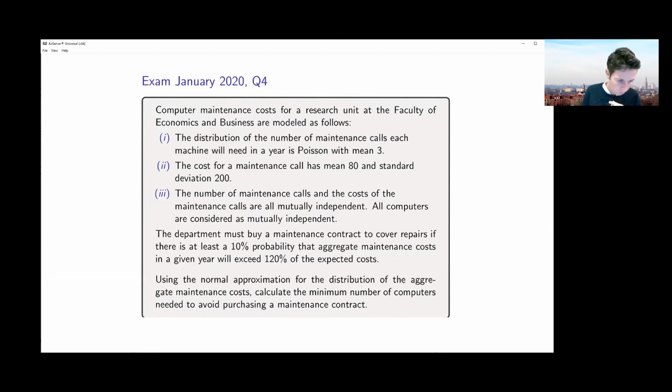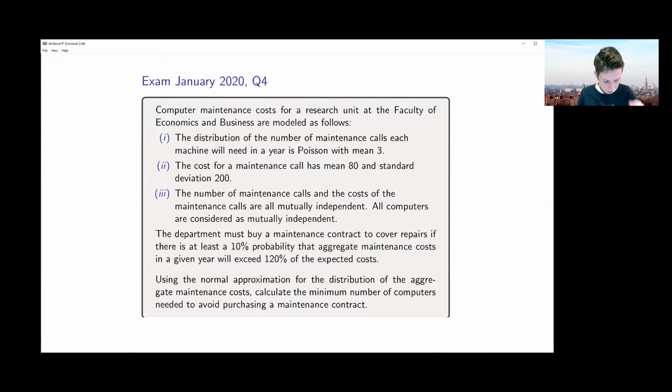So what I want to think about together with you, without solving the question in full detail at this point, is how would you describe the total maintenance costs in a given year, and how would you work with the mean and the variance of this total aggregate maintenance cost? Yeah, I think that's what I will try to solve with you.